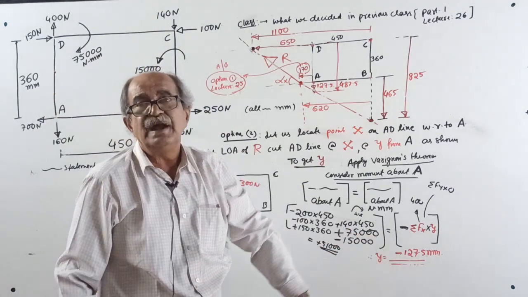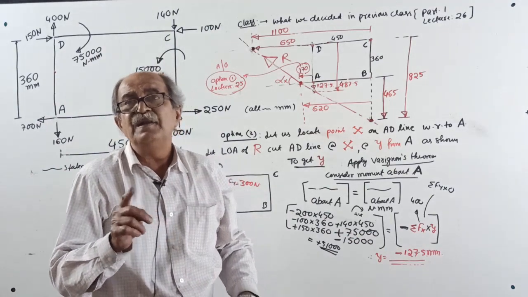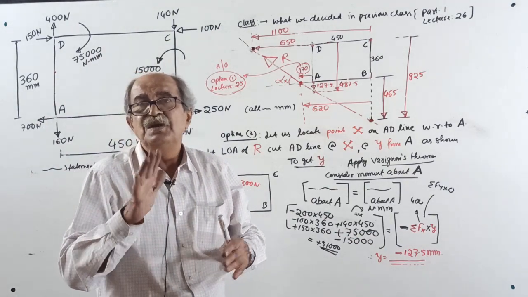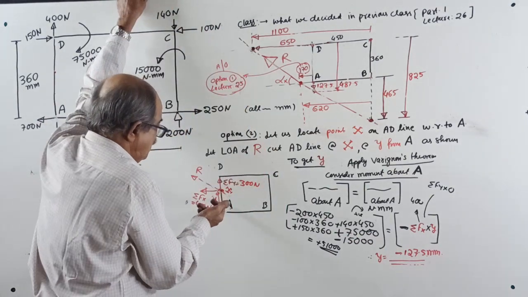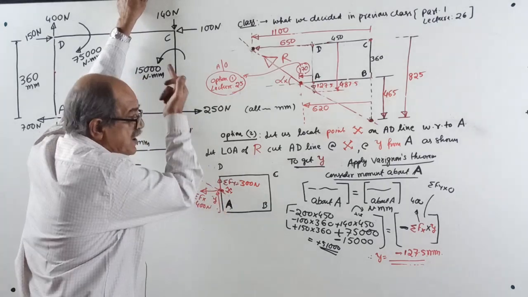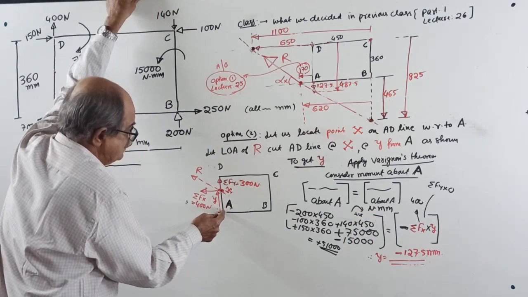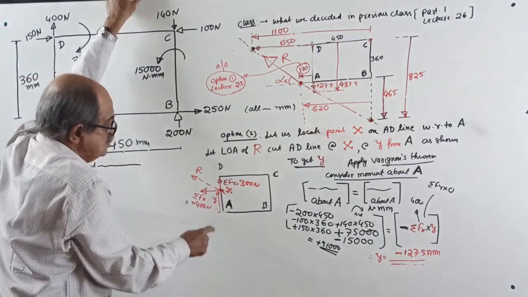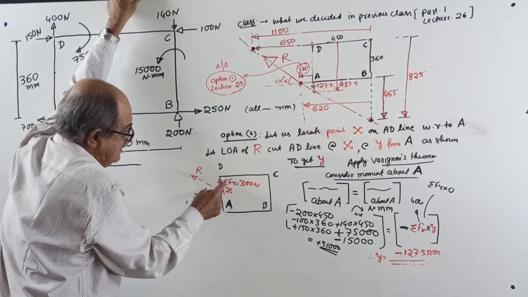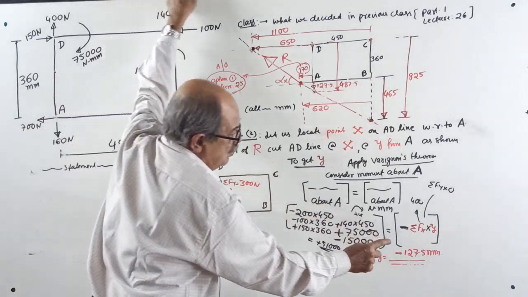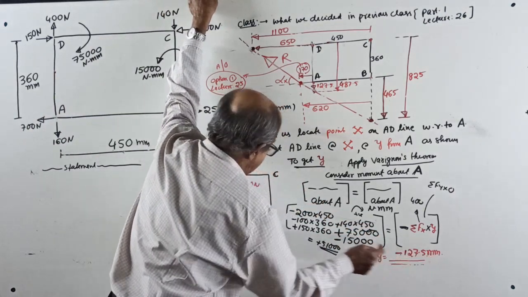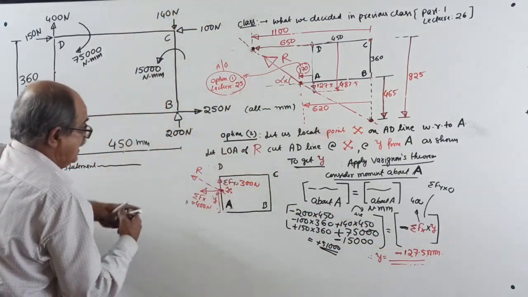Negative came, that means the point is not above, it is below. So the resultant will cut the AD line at 127.5 millimeter below the point A.